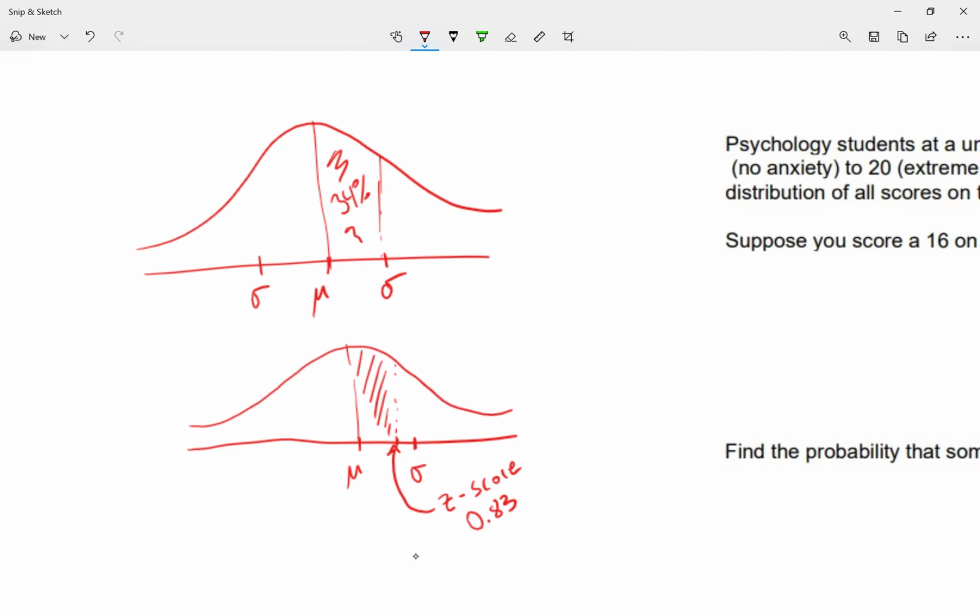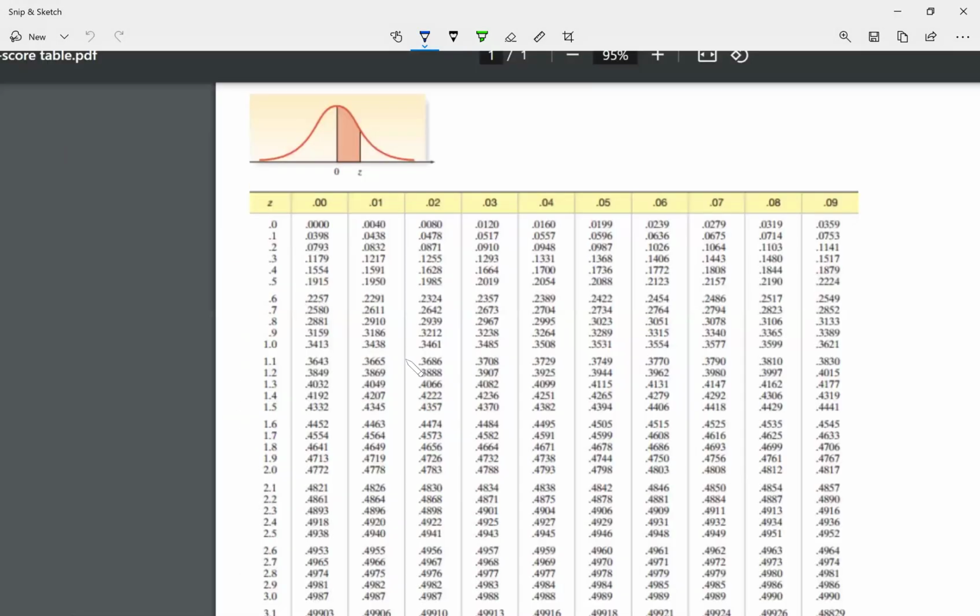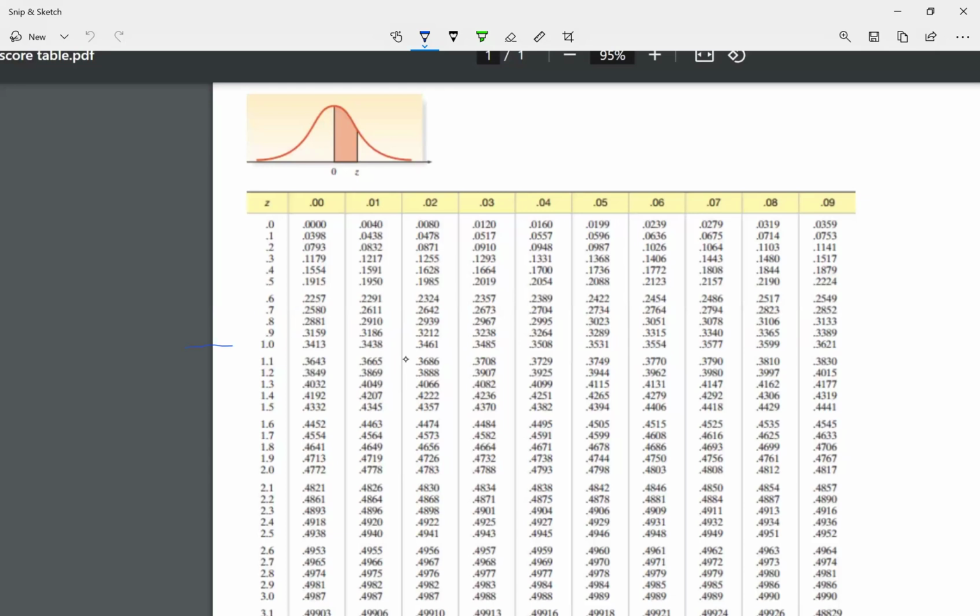And then I look at my table. Let me bring out the table that I mentioned. Here on the left, I have up to my first decimal place. My z-score that I'm looking for is 0.83. So here I'm going to look for 0.8. Again, I'm looking up to my first decimal place.